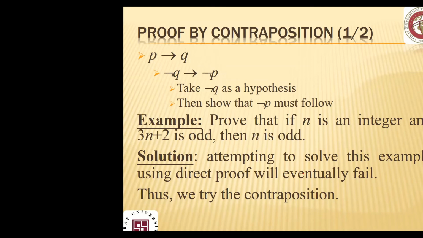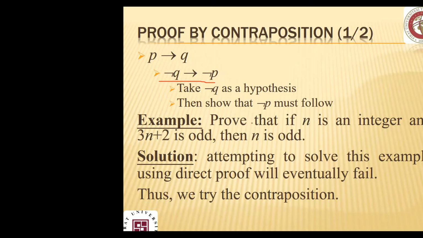And this is what we call contrapositive, if you remember the statement. In this case, what we are looking for is a proof with the contrapositive. And sometimes it's not easy to go through the direct proof. We try the contrapositive to prove what's not easy to be proven using direct proofs.